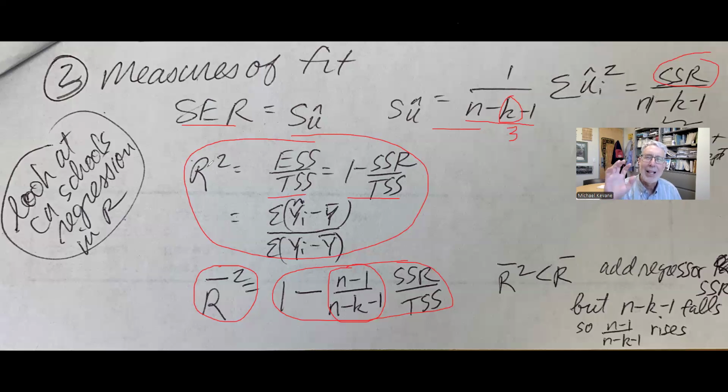That is, if you add this new variable, when you're minimizing and choosing coefficients, you could always decide in the minimization process to have this coefficient be zero. If the coefficient is zero, then the minimum sum of squared residuals will be the same as it was before.